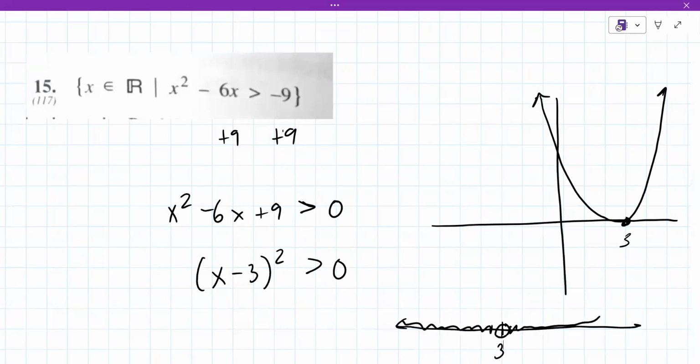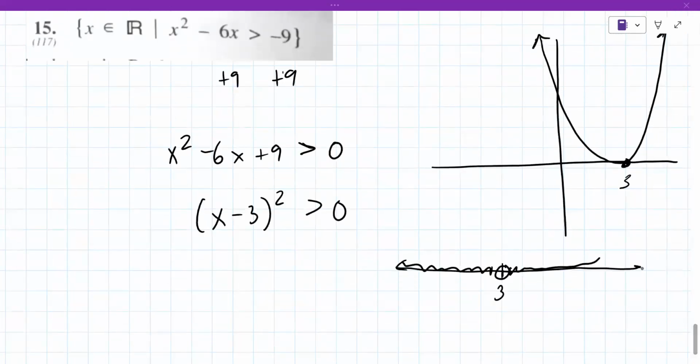So we would express this as minus infinity to 3, union 3 to infinity. Sounds good. Does that work? Yes. Okay, now the other one next to it, the 14, is being solved over the set of integers.